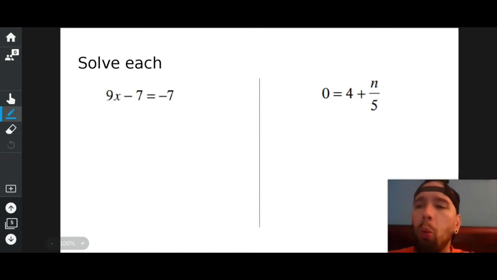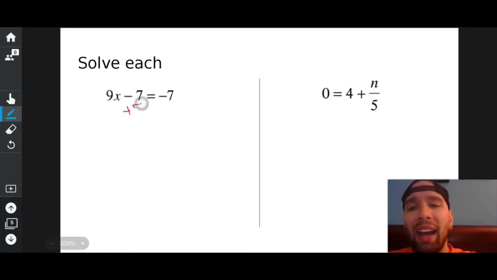So what I'm doing for these problems is I have a letter in each. I have to isolate that variable, that letter. I have to get that letter all by itself. So the first problem I have 9x minus 7 equals negative 7. Is x all by itself? No. What's in the way? 9 and negative 7. Which one should I get rid of first? The negative 7.